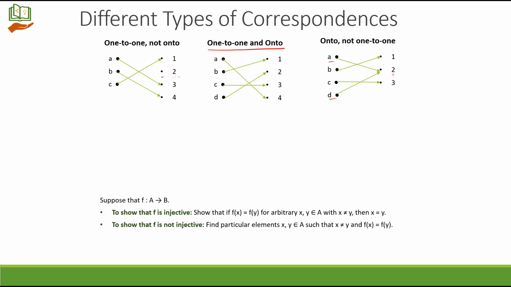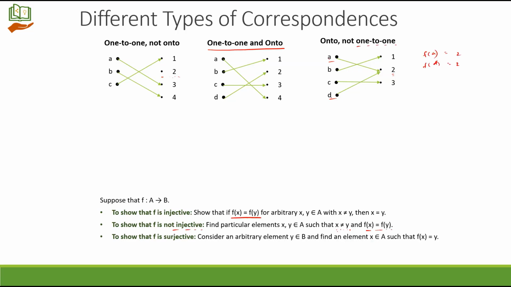To show that f is not injective, find particular elements x, y that belong to A such that x is not equal to y and f of x is equal to f of y. To show that f is surjective, this is about onto, consider an arbitrary element y that belongs to B and find an element x that belongs to A such that f of x is equal to y.